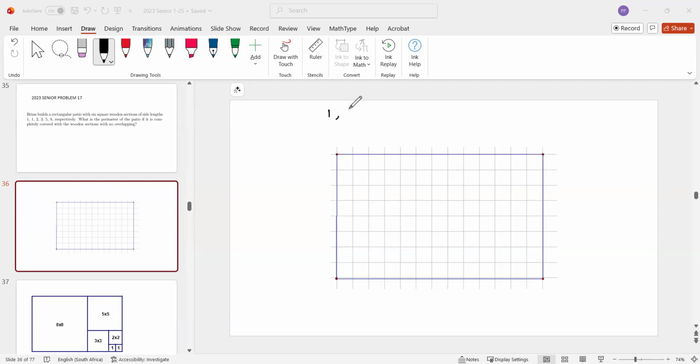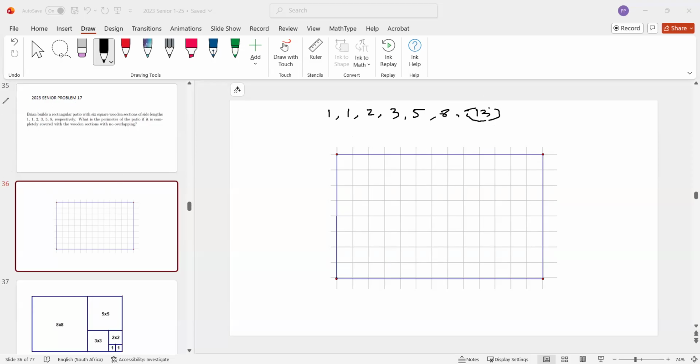The squares are 1, 1, 2, 1 plus 2, 2 plus 3, 3 plus 5, and then 5 plus 8 is 13. So this is 13 by 8, and you'll see how I can patch these things together.